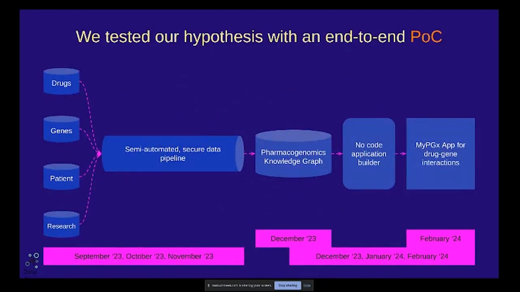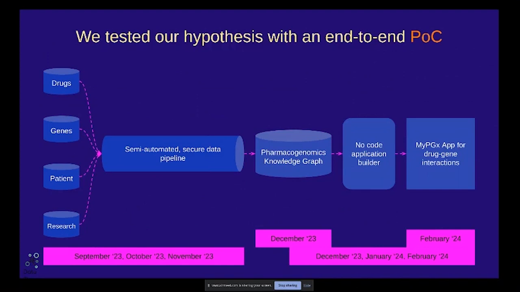So one of the things that we have built into Apollo for pharmacogenomics is a semi-automated data pipeline, which can ingest the different data sources in pharmacogenomics, including the research datasets, which includes the evidence-based publications and references.